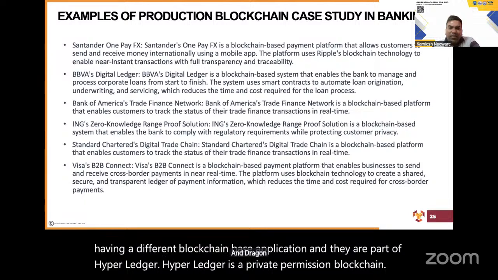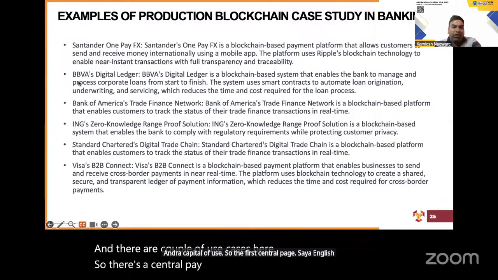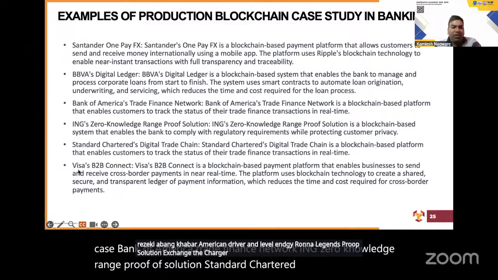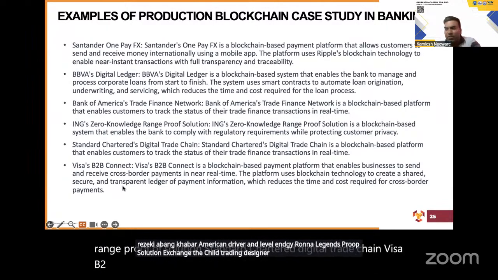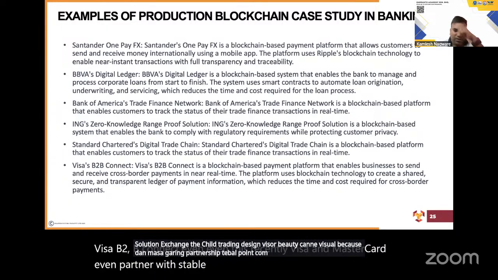And there are a couple of use cases here. Sentinel Pay has this one. This is another use case. Bank of America Trade Finance Network, ING Zero-Knowledge Range Proof solution, Standard Chartered Digital Trade Chain, Visa B2B Connect. Even recently Visa and Mastercard partnered with stablecoin companies as well.